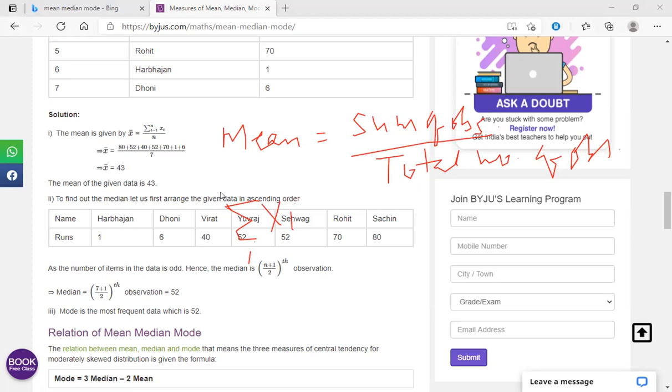What does it mean? From 1 to n numbers, x could be any number. Divide by sigma fi, which means the total number of observations. In the denominator, we have the total number of observations.